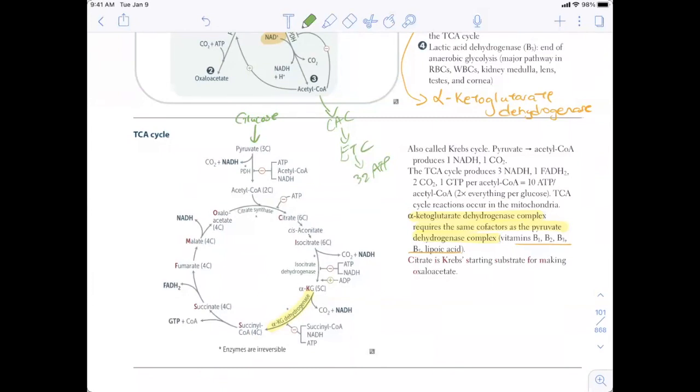Then we said in the presence of oxygen, pyruvate could go through your pyruvate dehydrogenase complex that had those cofactors of your B1, B2, B3, B5, and lipoic acid, and then change to acetyl-CoA. But once we have acetyl-CoA, then we can enter into the citric acid cycle, also called your Krebs cycle, okay?